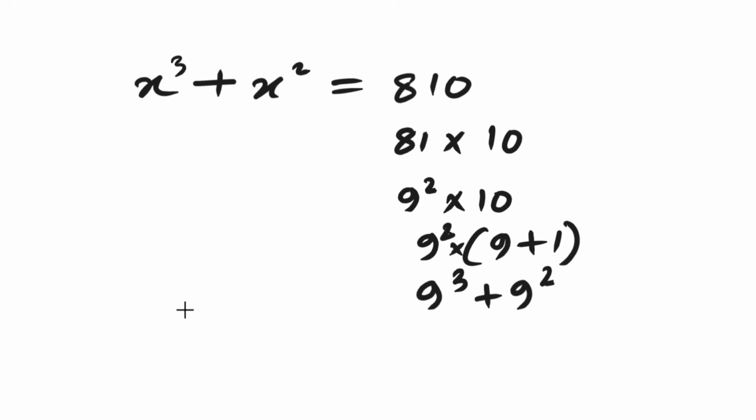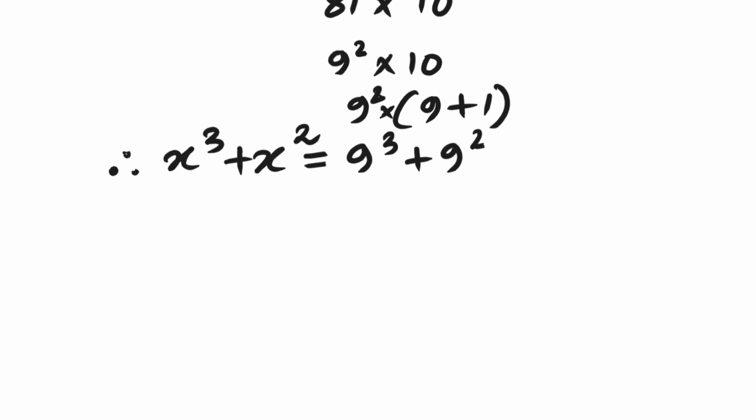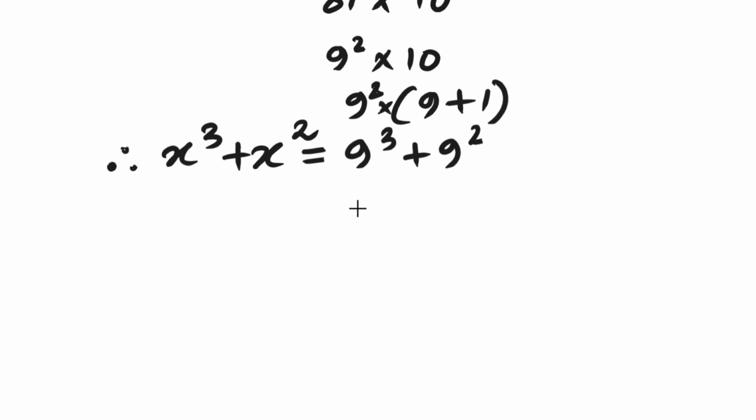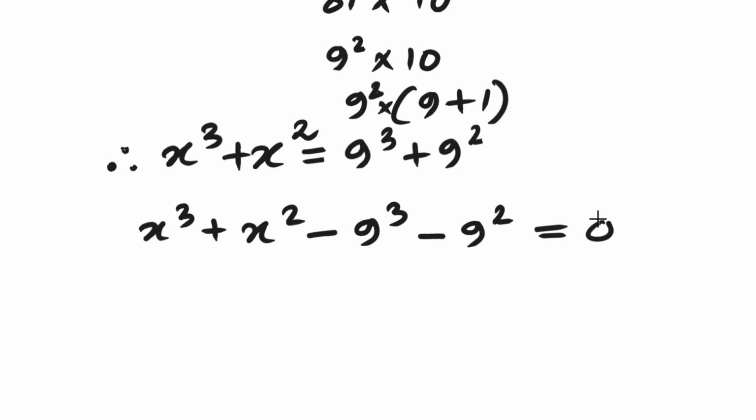Our equation now becomes x cubed plus x squared equals 9 cubed plus 9 squared. Now let's move everything to one side so that the equation equals 0. Subtract 9 cubed and 9 squared from both sides, giving us x cubed plus x squared minus 9 cubed minus 9 squared equals 0.